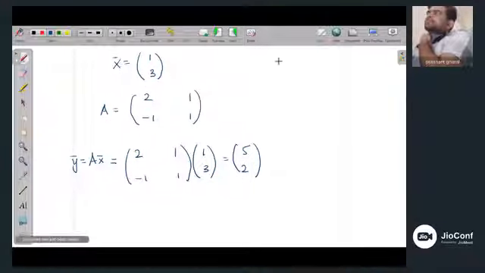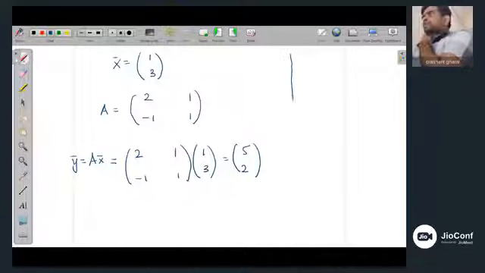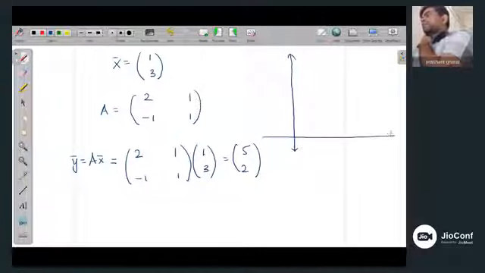So what does this matrix do to this vector? Let us see it geometrically. We have the x-axis and y-axis coordinate system. I'm just taking some coordinate system here.